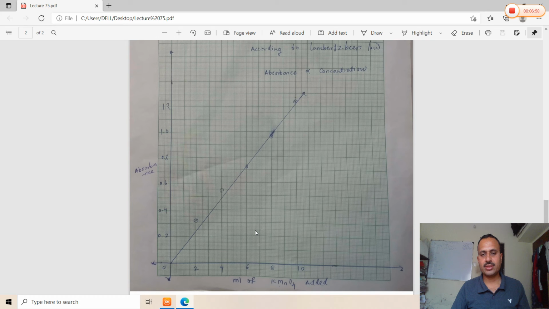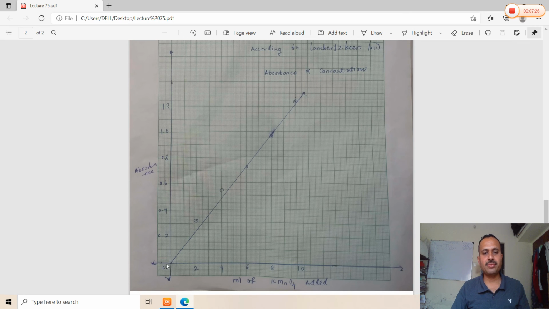What are the readings involved in the observation table? This is the location of the first point, this is the location of the second point, the third point, the fourth point, and this is the location of the fifth point. Here 0 is there, 0 absorbance. The first reading is 0 absorbance of water.